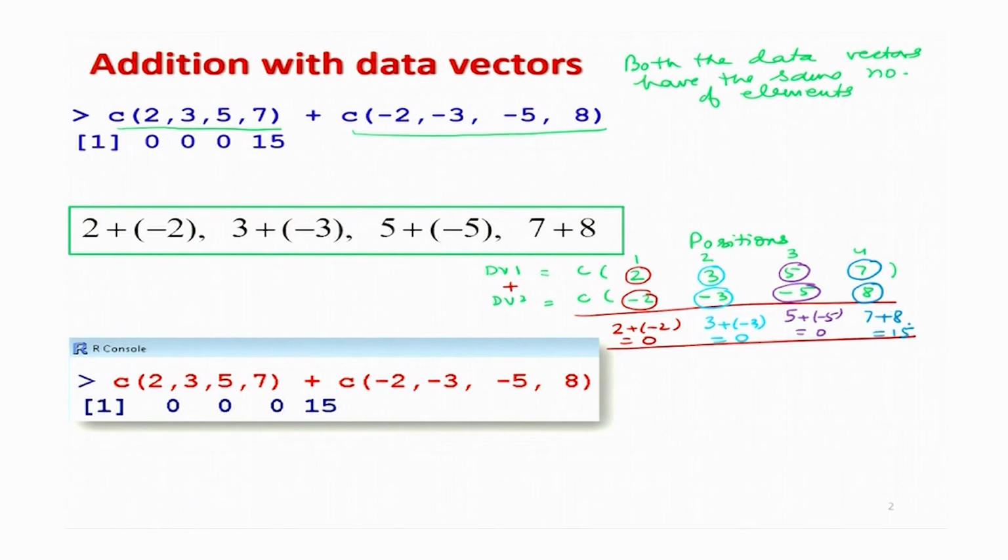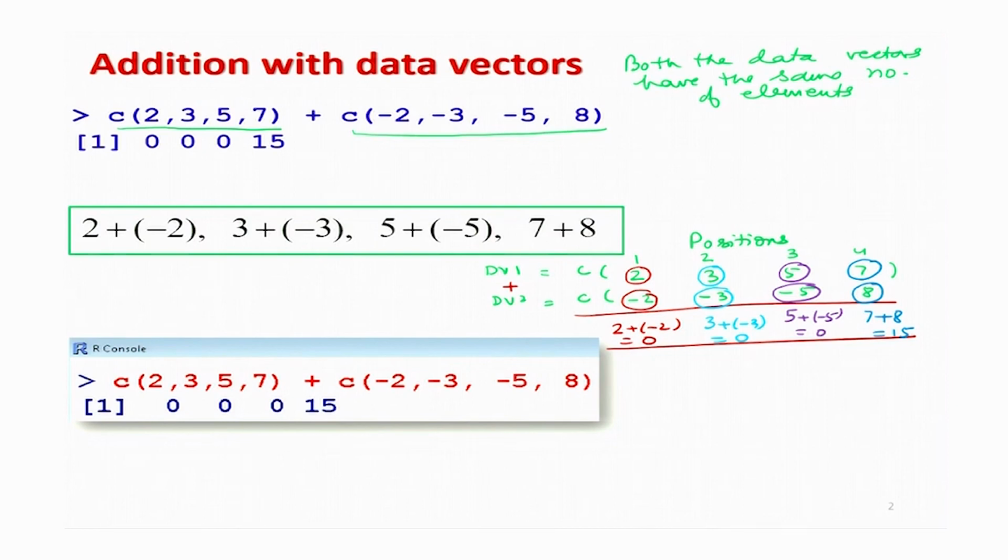So what you can observe here is that the operations are made element wise. The first element is going to be operated on the first element, the second element with the second element, and the third and fourth elements are going to be operated with the third and fourth elements in the other data vector respectively.